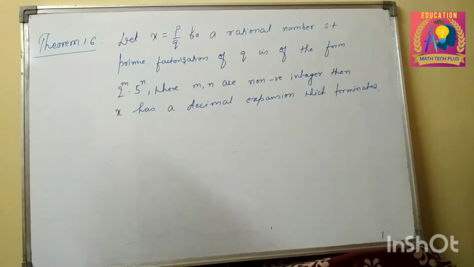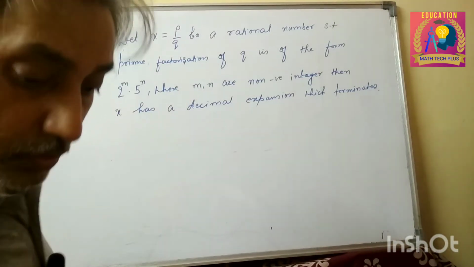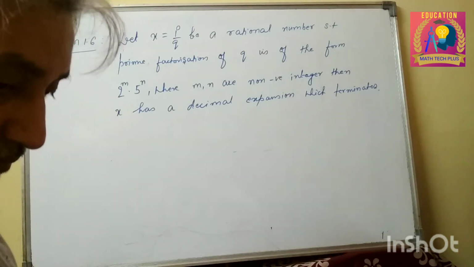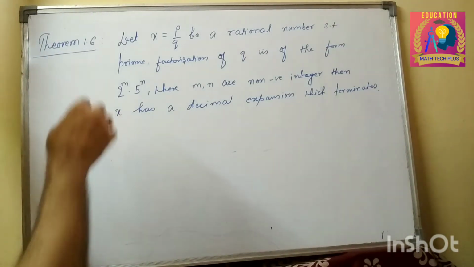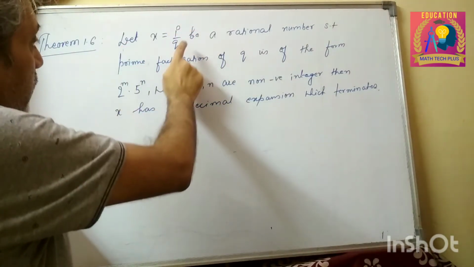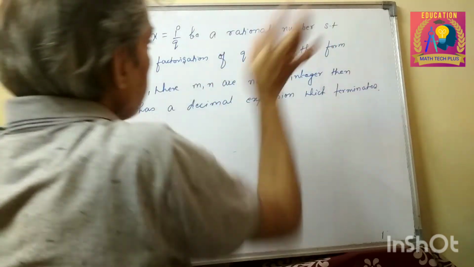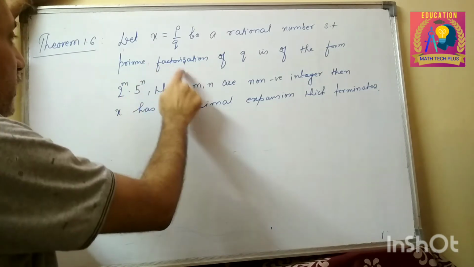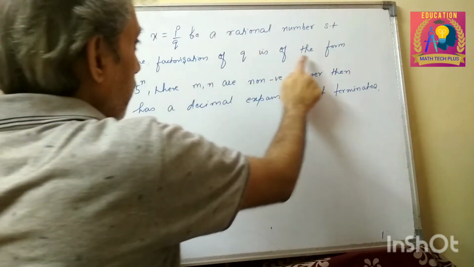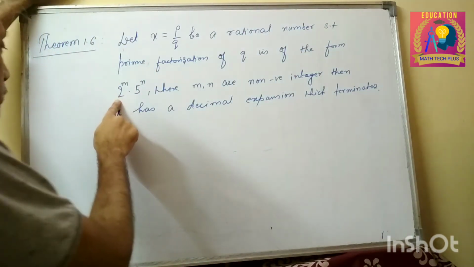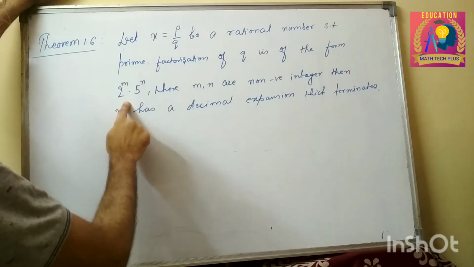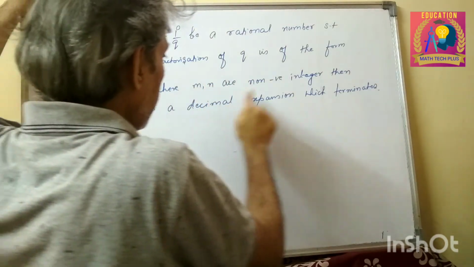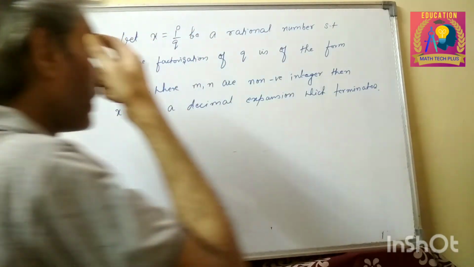Theorem 1.6 is given in the NCERT book on page number 16. It says, let x equal to p upon q be a rational number such that the prime factorization of q is of the form 2 raised to the power m into 5 raised to the power n, where m, n are non-negative integers.